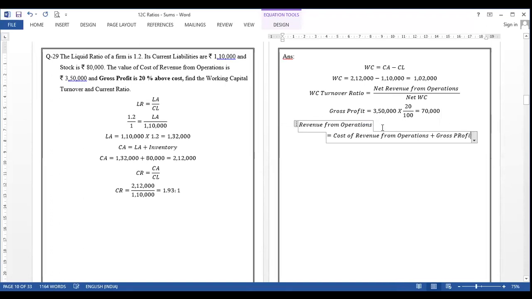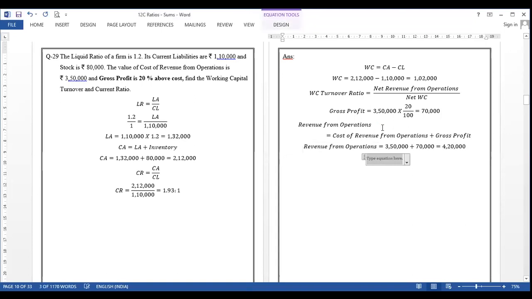Revenue from operations will be equal to COGS, 3,50,000, plus 70,000. So total is 4,20,000.